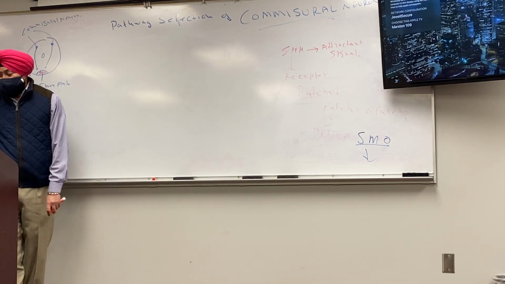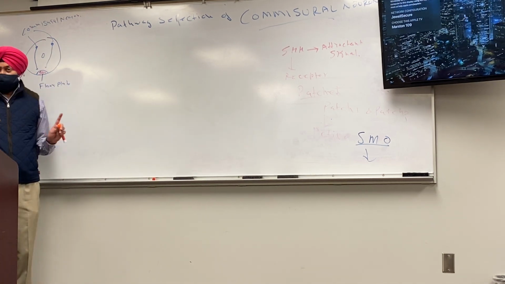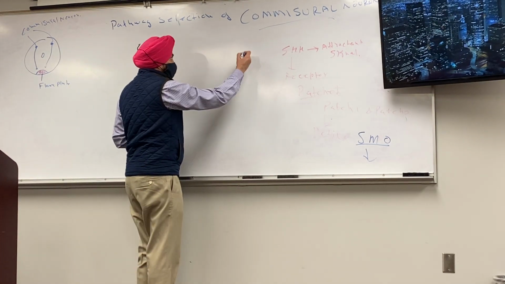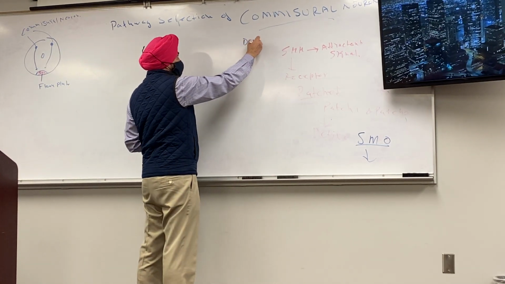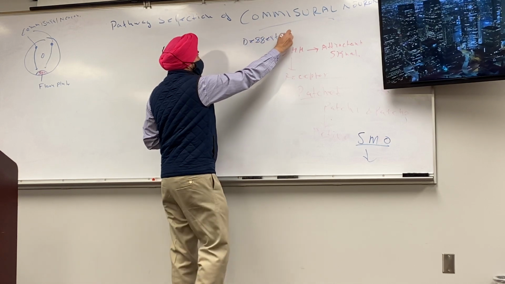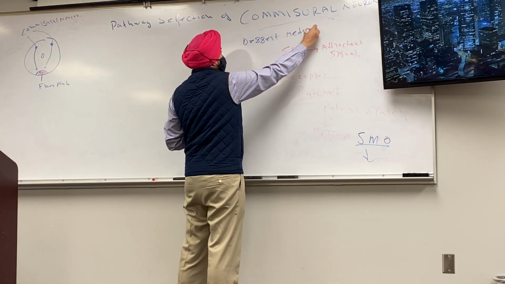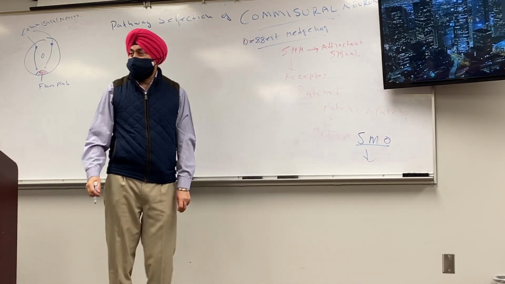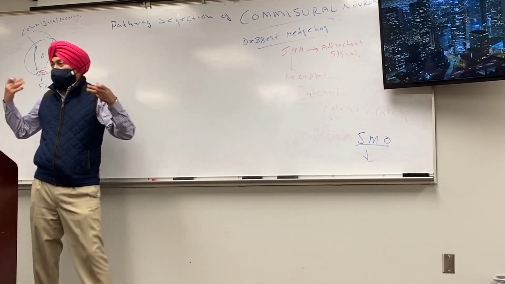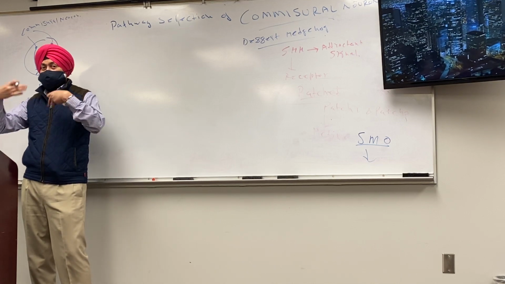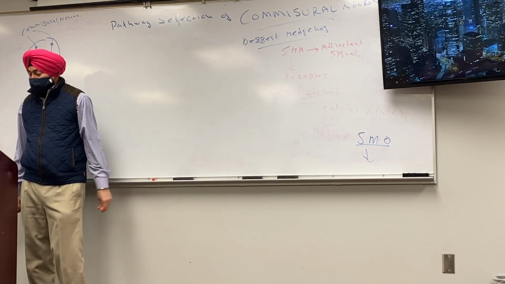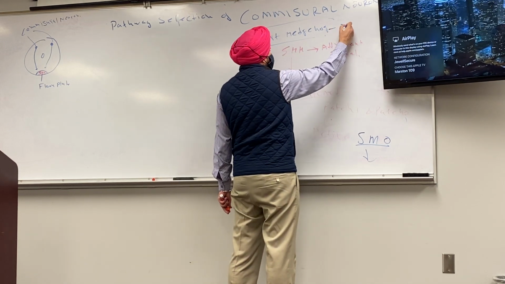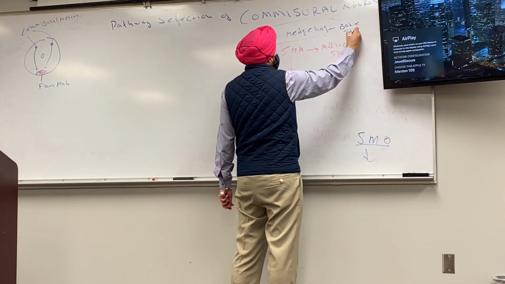Now, actually, there is not only sonic hedgehog in the body. There is also desert hedgehog. That desert hedgehog is there in our body during development. There are 3 different types of hedgehog signaling working. Desert hedgehog is required in bone development.